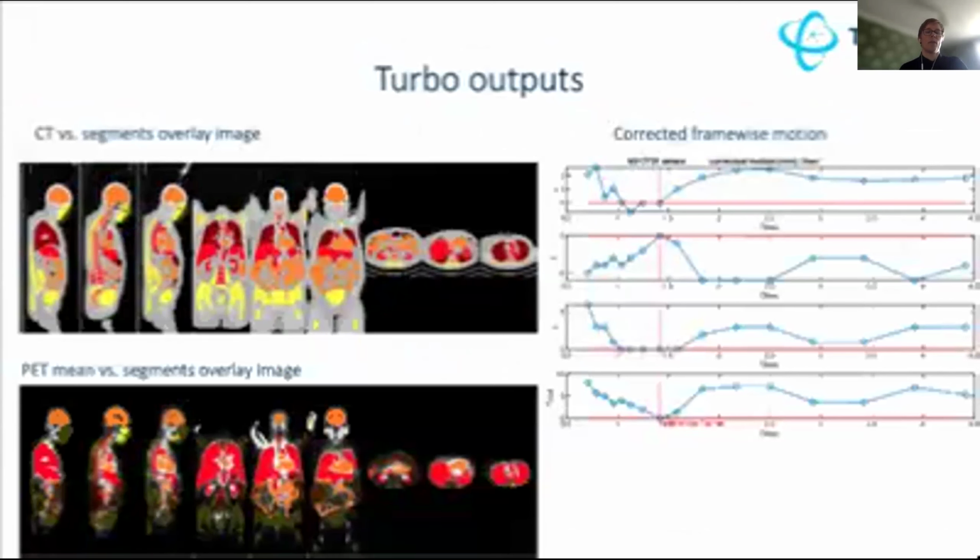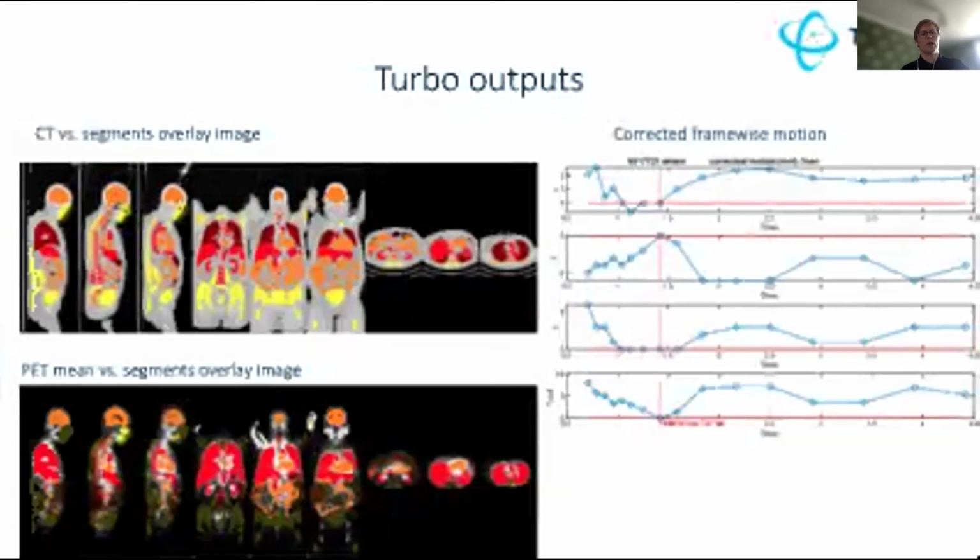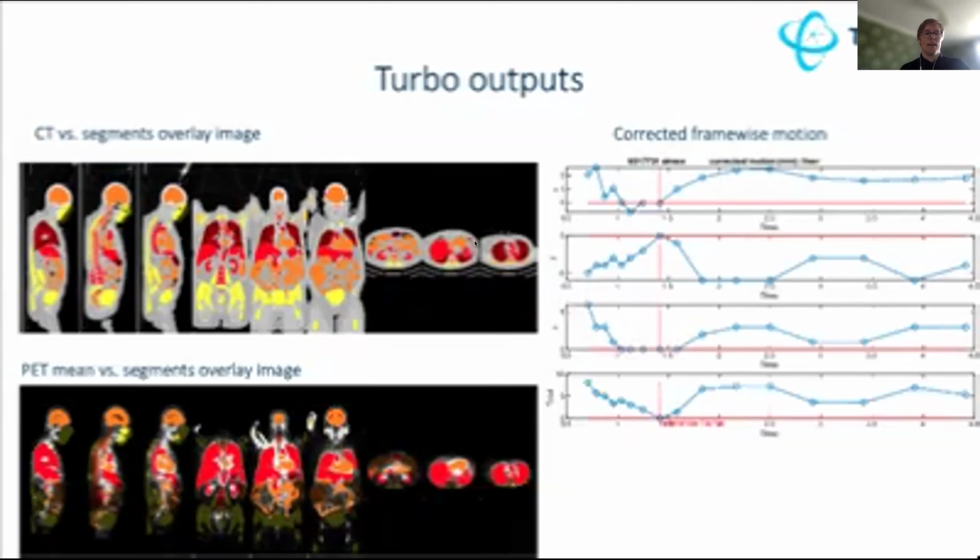And to quickly check the results of co-registration and motion correction, we have included also quality control plots where the segmented regions are first overlaid with the CT and then with the PET mean image. And the motion correction results can be evaluated in every segmented region separately.